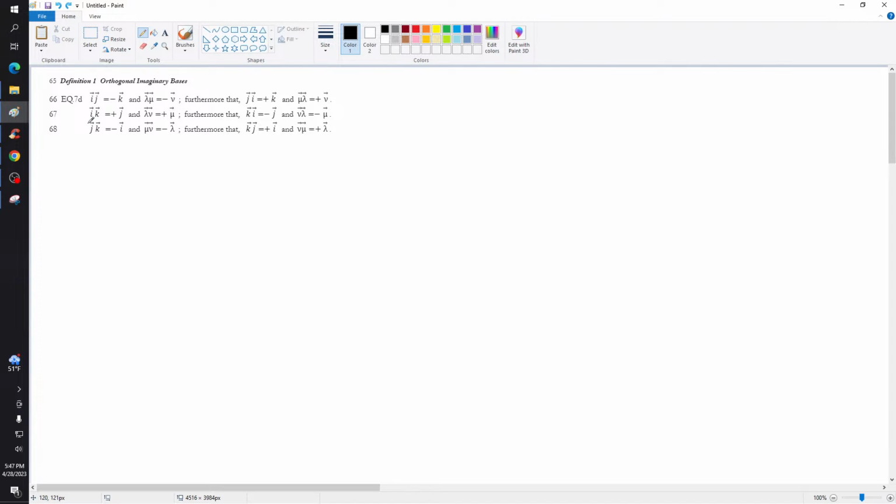So we're going to look at an imaginary vector with no real part. Let's say we have w equals w1 i plus w2 j plus w3 k.